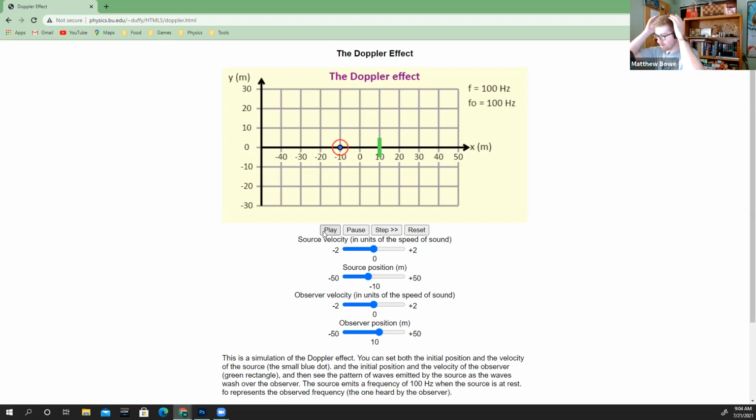This is actually how, in astronomy and astrophysics, we're able to say that this galaxy, millions of light years away, is moving away from us, or this one is moving towards us at a certain speed.